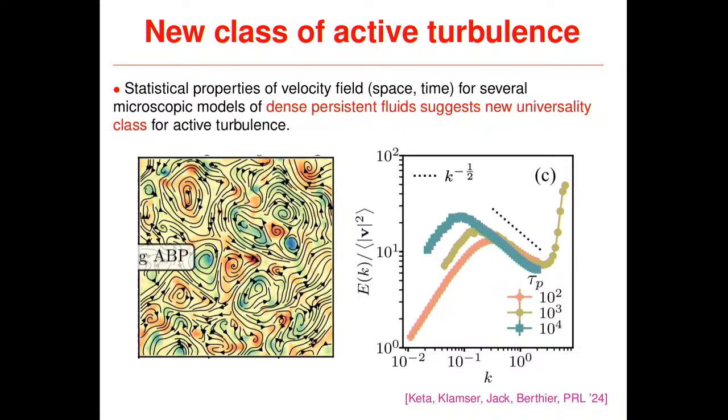At large wave vector, small distances, what we have is the microscopic distance between the particles. So this is the peak of interparticle distances. As I increase the persistence time, the correlation length of the velocity correlation grows. So you see this peak shifting towards low wave vector, so large length scale. So this is the growing length that I was describing before.